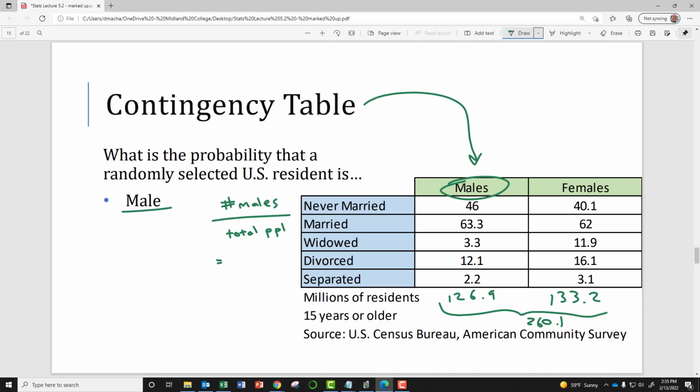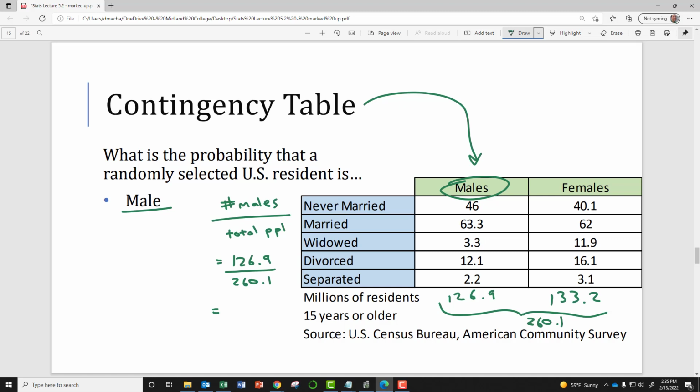So that must be how many millions of residents that are 15 years or older in the United States, 260.1 million residents. Okay, so number of males divided by total people is going to be 126.9 over 260.1.